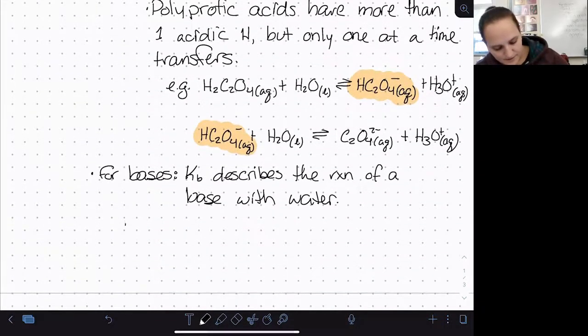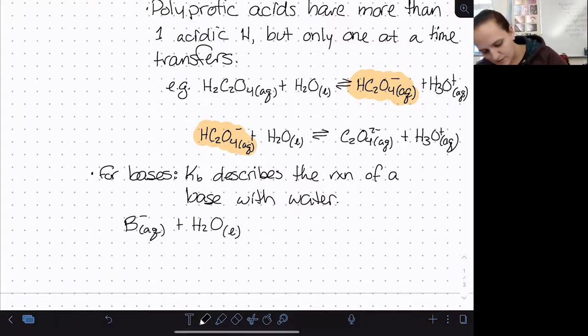So if we have some generic base that we shall label B, and we put that in water, water is going to act as an acid here, which means that it's going to give a proton to the base.